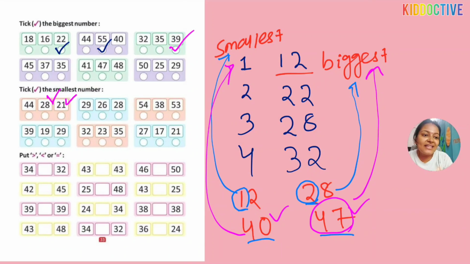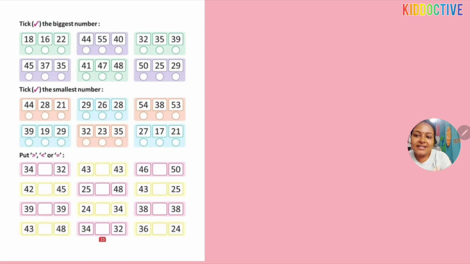Yes, 1 is smaller. That's why here 21 is the smallest number. Okay? Understood? Now second one. 29, 26 and 28. Can you tell me? Smallest is 26. Okay?